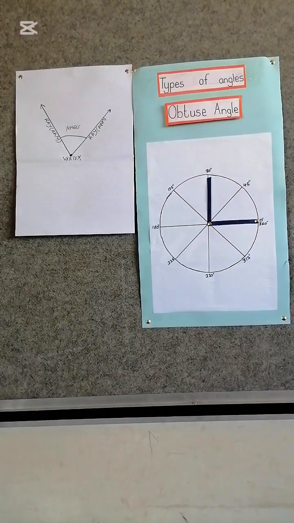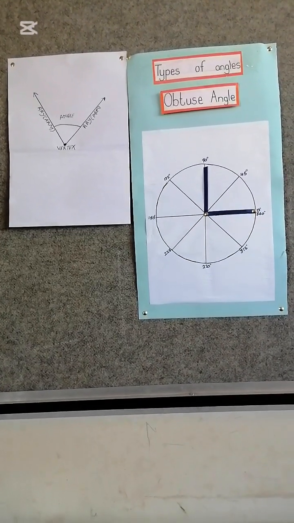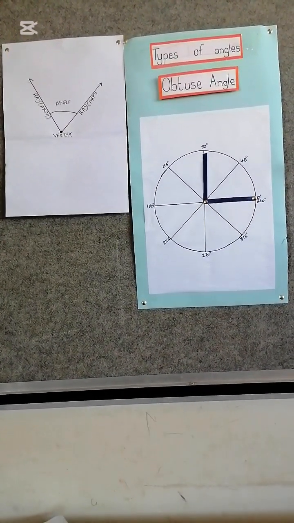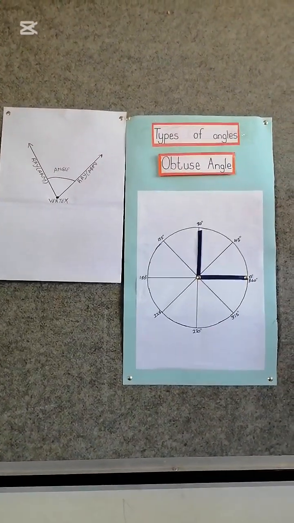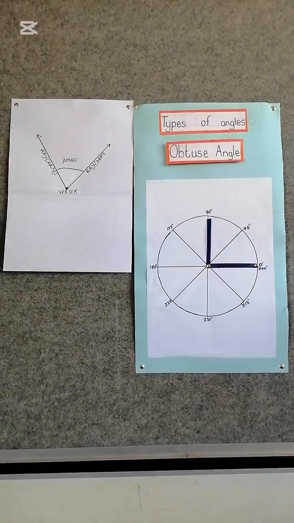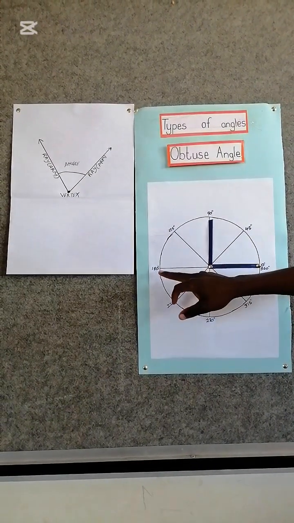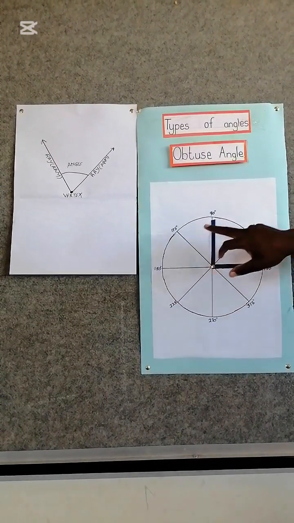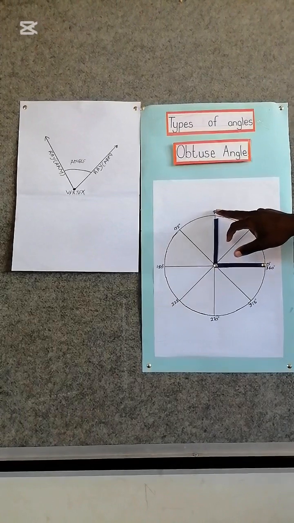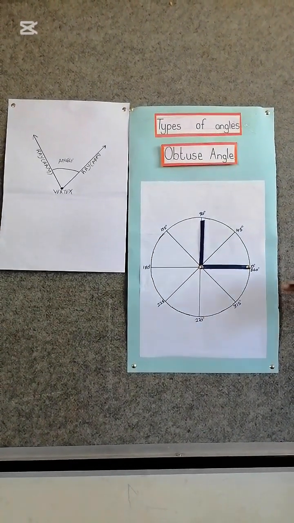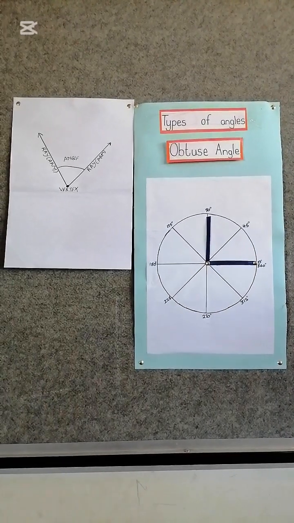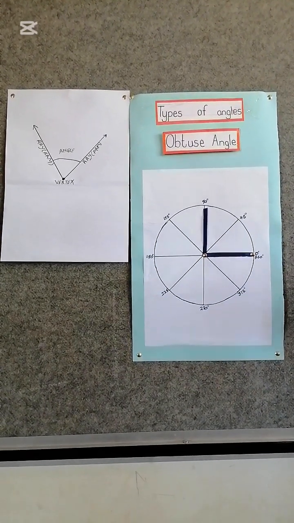An obtuse angle is greater than 90 degrees and less than 180 degrees. What does this mean? It means from 91 degrees to 179 degrees, that is where we can find our obtuse angle.